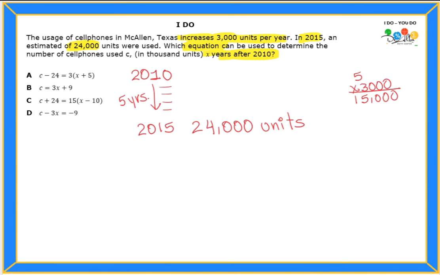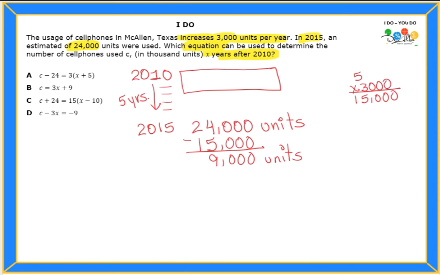If I want to know the number that I started with in 2010, I need to subtract the 15,000 increase from the 2015 units, which is 24,000. This gives me 9,000 units.